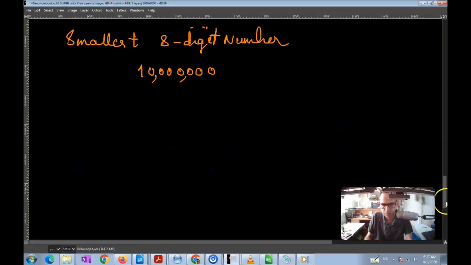So now I want the next 5 numbers after this number. That's 10 million 1, 10 million 2, 10 million 3, 10 million 4, and 10 million 5. And I want to write these numbers in ascending order, meaning you start from the smallest number and end up with the largest number.